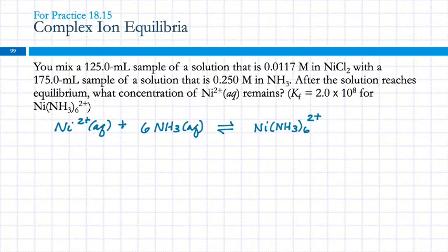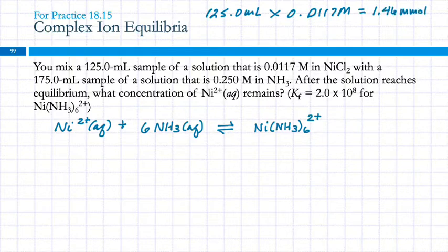We're starting out with 125 milliliters of 0.0117 molar nickel chloride. So 125 times 0.0117 is 1.46 millimoles of nickel.